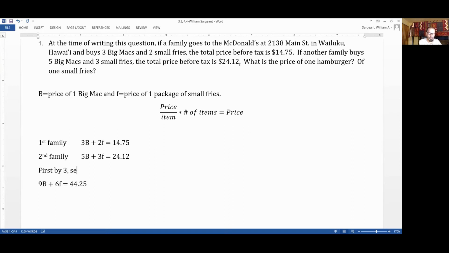The second, I'm going to multiply by negative 2 to get a negative 6F. It'll give me negative 10B minus 6F, and then a negative 2 times 24.12 should give me negative 48.24.